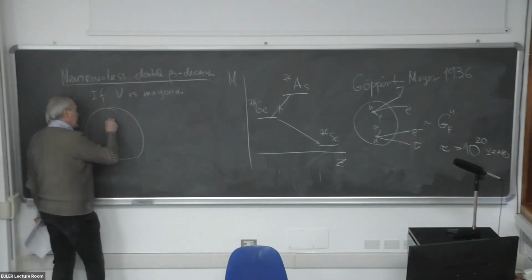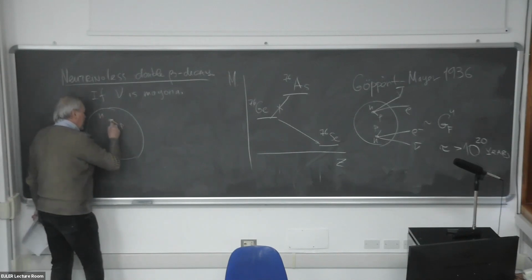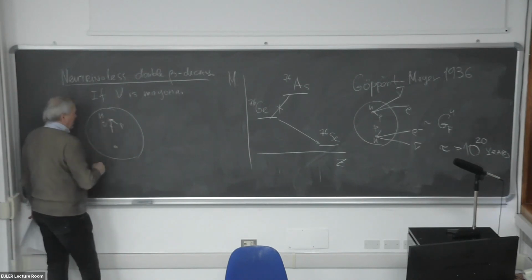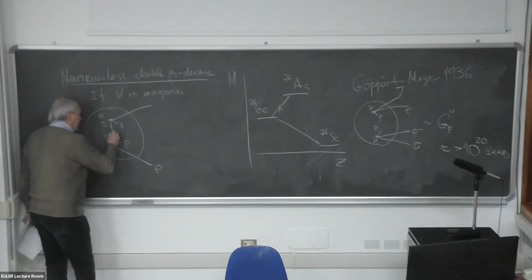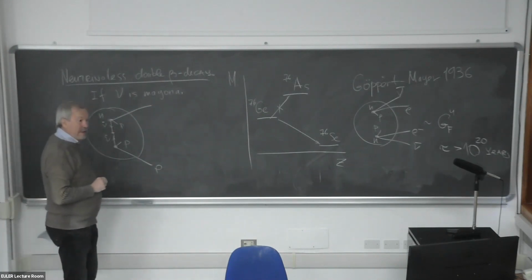So what happens is that neutron is transformed to proton, emits antineutrino, then another neutron and also electron, which goes out, also produce proton, electron, and again antineutrino, and then they can annihilate in the case of Majorana nature.